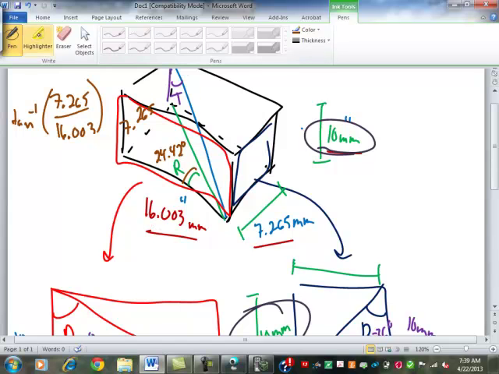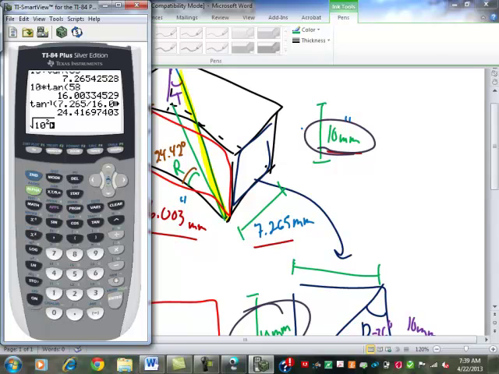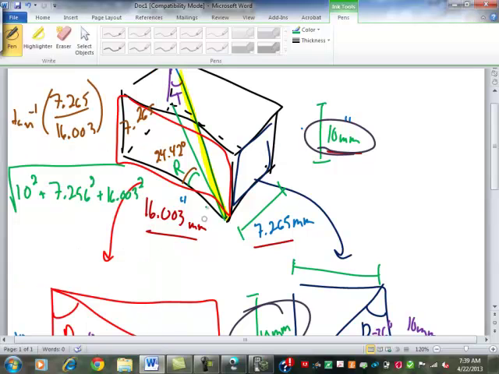Next, we'd have to find our length of cut here, the length of that diagonal. How do we do that? Well, that'll be the square root of 10 squared plus 7.265 squared plus 16.003 squared. Gives us 20.221 as that length.